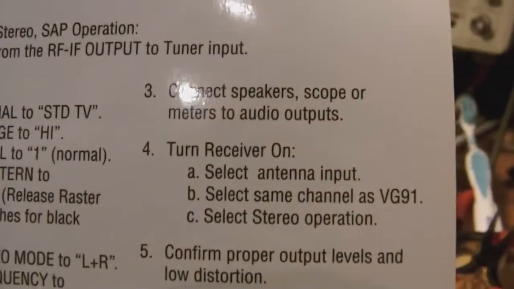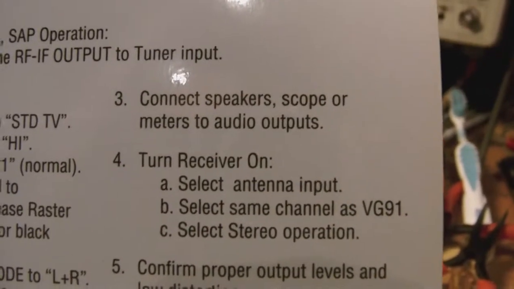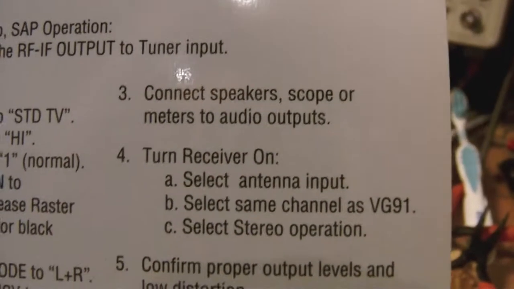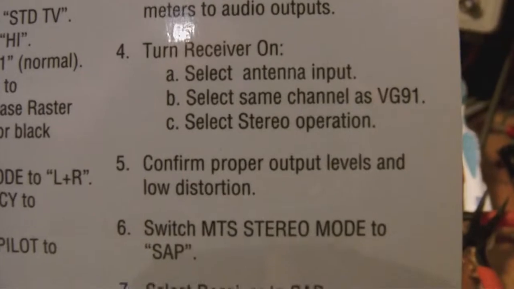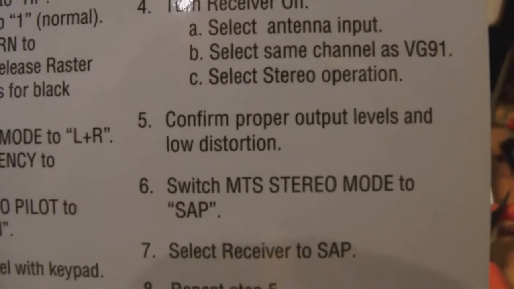And they say to hook up a speaker. As you can see, it says connect speaker, scope or meters to audio output. And then confirm proper output levels and low distortion.